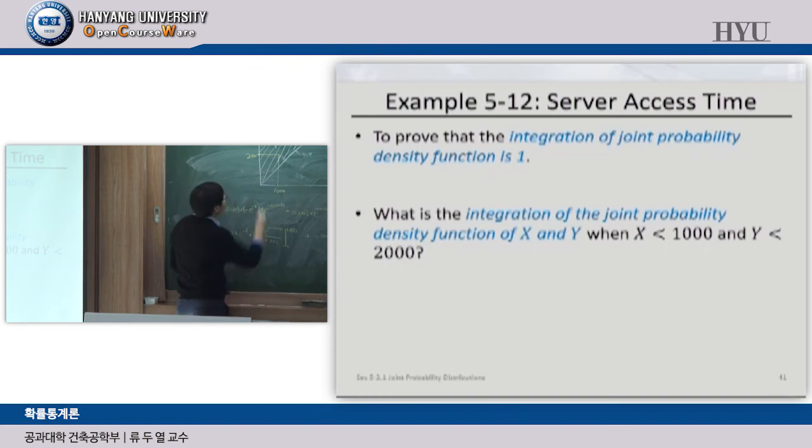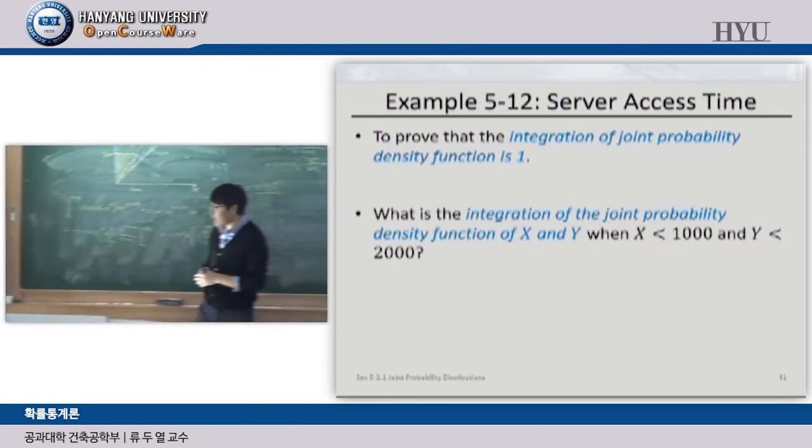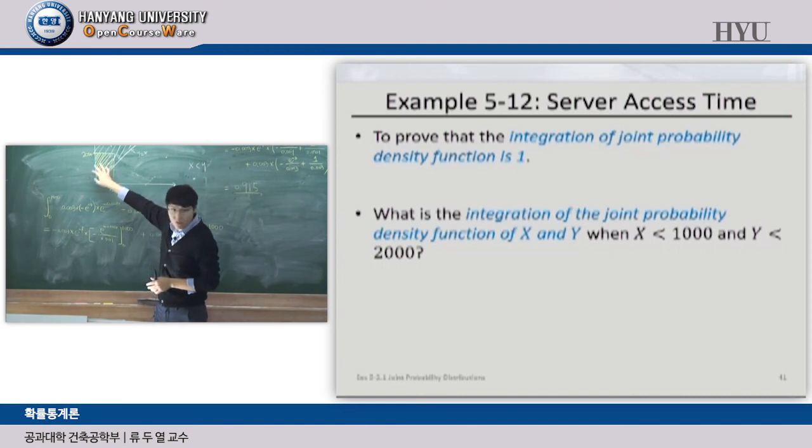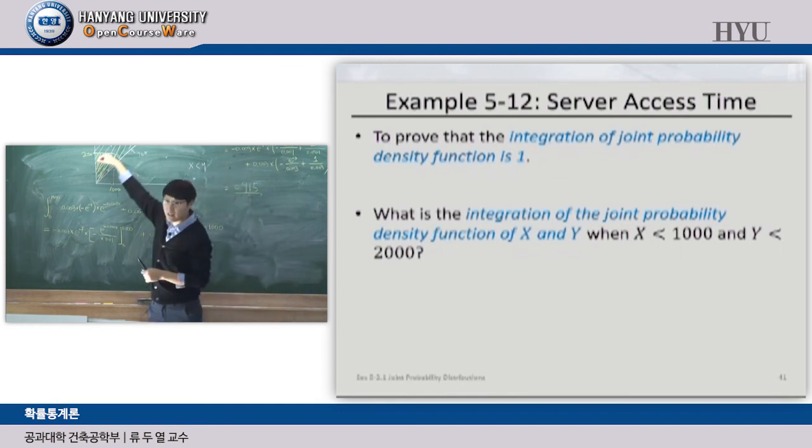The probability was this shaded area, right? So the probability 0.915 indicates that this yellow shaded area has 91.5% of the entire area. Okay?